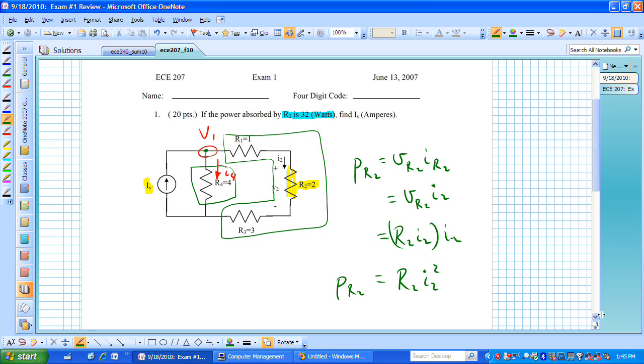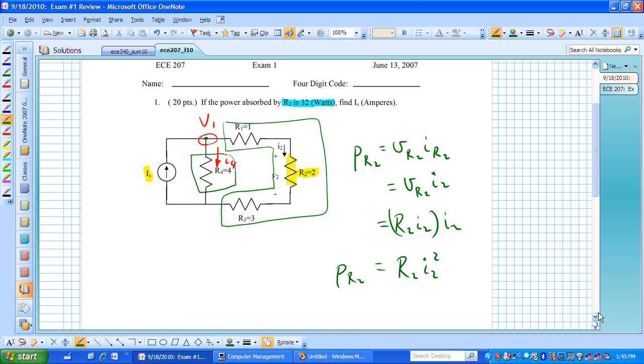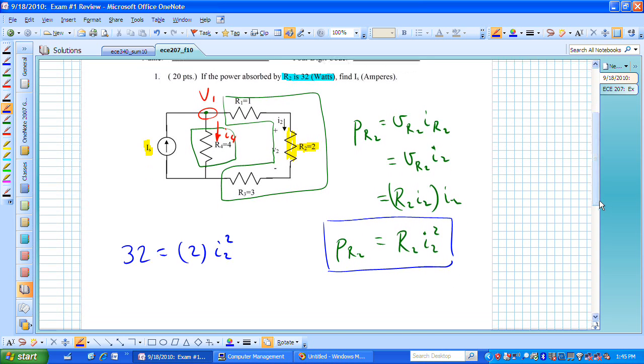Now that we have that, we can use that information to solve for one of these currents that we want. We're trying to find a current I sub 2 and a current I sub 4. Well, we know the power. We were given that. That's 32, and that's equal to R sub 2, which we know, times I sub 2 squared. The only unknown in this equation is the current I sub 2.